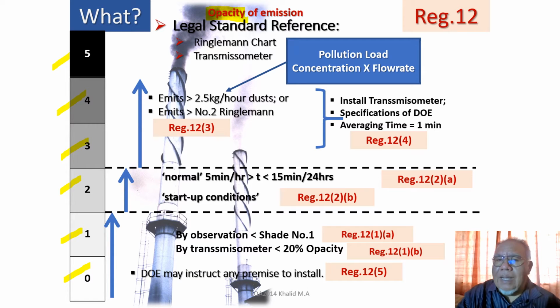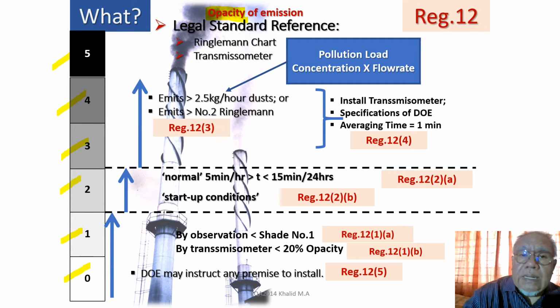Tidak kira asap itu warna hitam ke, kelabu ke, kuning ke, biru ke, hijau ke, merah ke, brown ke. Setakat ni belum jumpa lagi warna yang keluar tu purple lah, tapi minta-minta jangan ada lah warna purple asap ni kan. But anyway, all this color is allowed under the law.